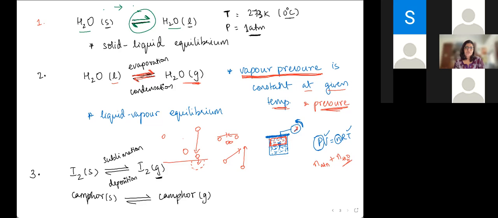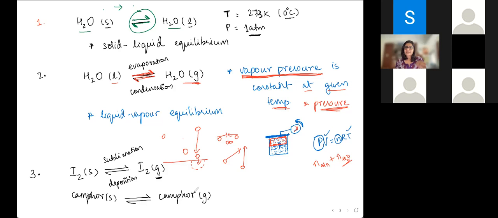This is also what is used in the Vicks inhaler. The thing they put inside that inhaler is camphor. That also sublimates, which is why you get that smell.